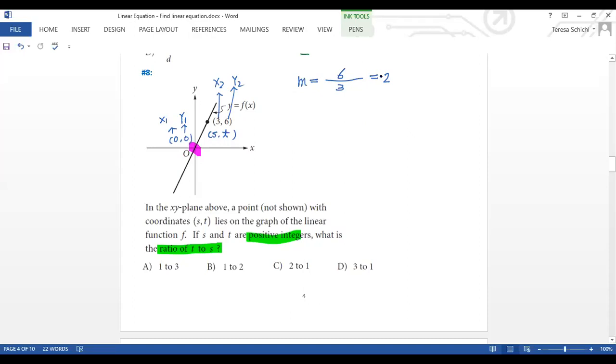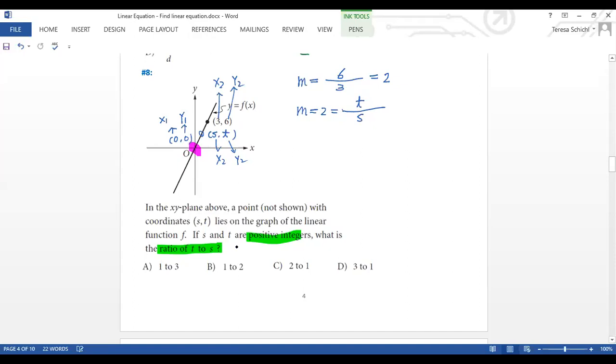Now, because (s, t) is also on this line, that means the slope using (s, t) is the same, equal to 2. So now I change this one to x2 and this one to y2. It's y2 minus y1, so it's t minus 0, over x2 minus x1, so it's s.